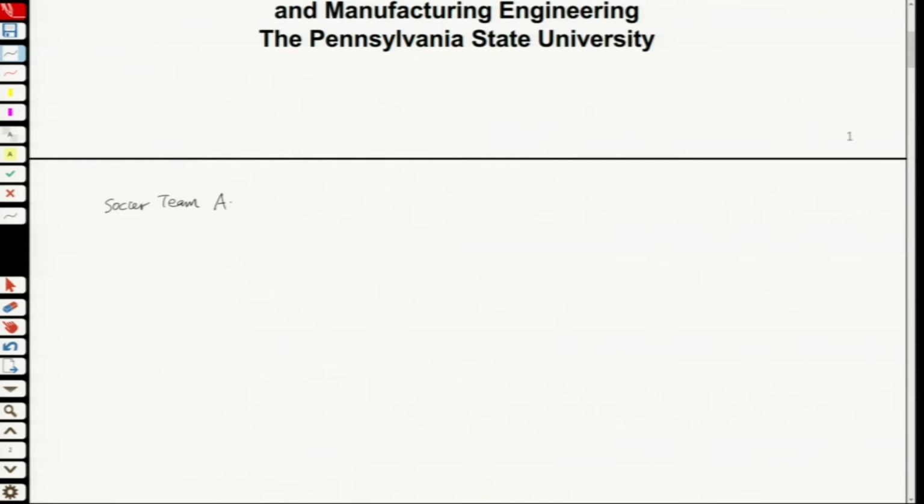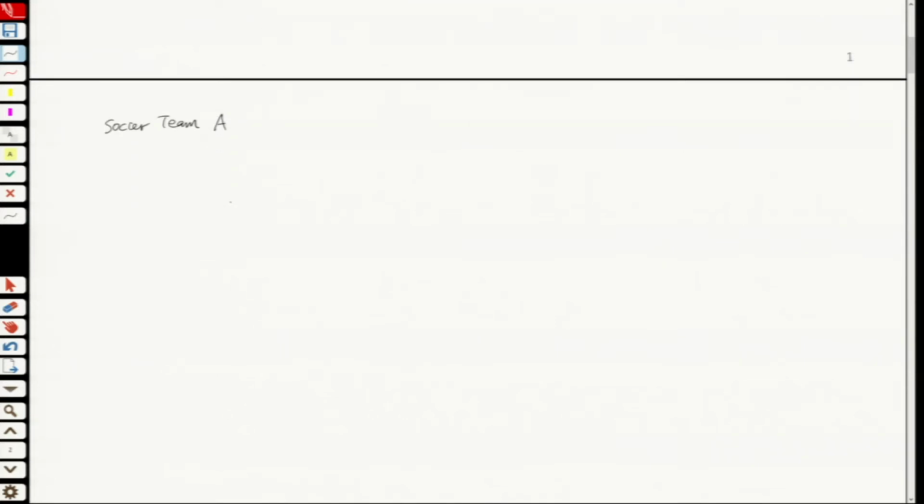This is soccer team A. It has two types of opponents. So that is type 1 and type 2. Or you can call it class 1 or class 2.